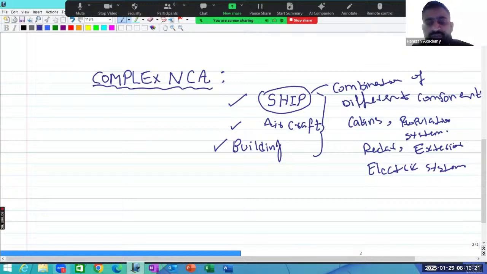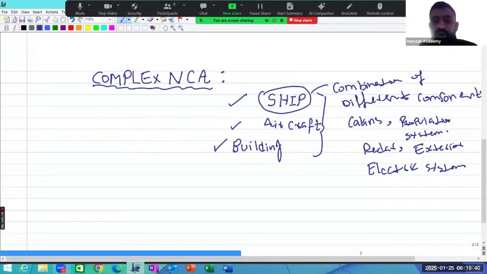Same goes with the aircraft. Same goes with some buildings, where a building is a combination of grey structure, lifts, electric system, security system, and many other things.